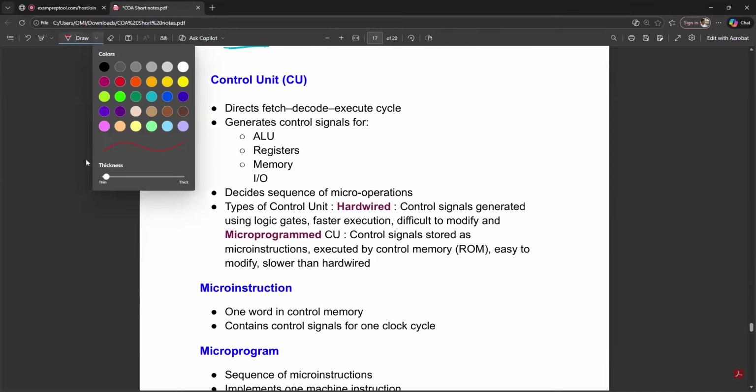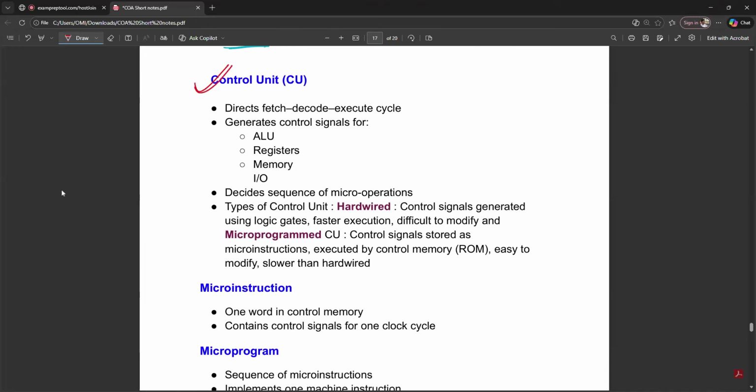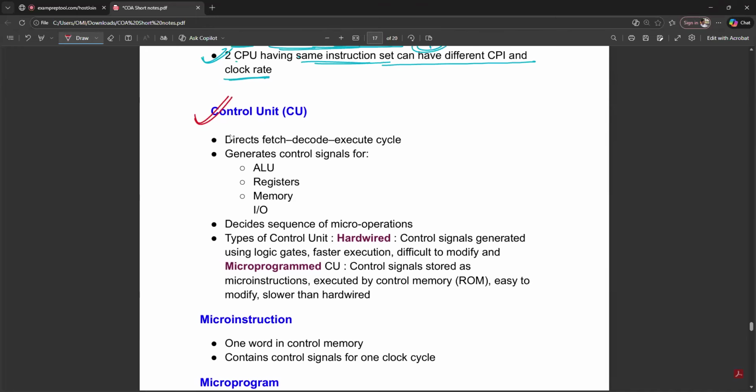Okay. So now what is the control unit? It directs the fetch, decode, execute cycle. Okay, control unit, right? So it generates the control signal. See, it generates the control signal for ALU, register, memory, IO. I told you in the first prerequisite that there is a control bus, right?